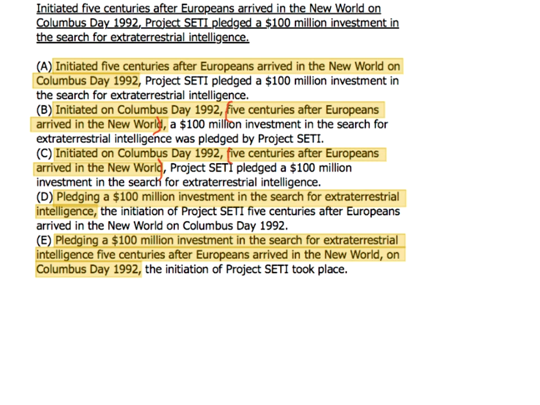So for A, B, and C, we have to answer the question of what was initiated. So what's the answer to that? Again, this stuff you should know from reading the original sentence. Yeah, the project. Okay. And then for D and E, who or what organization pledged money?